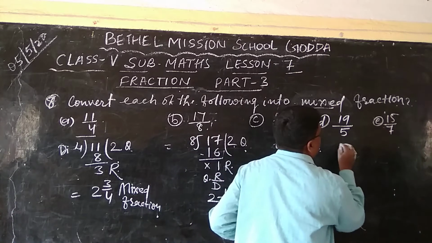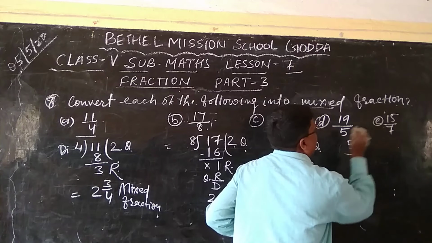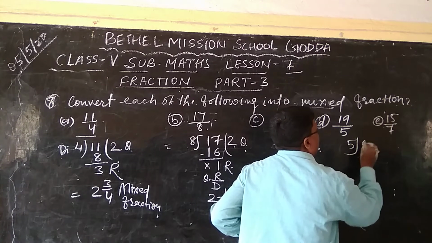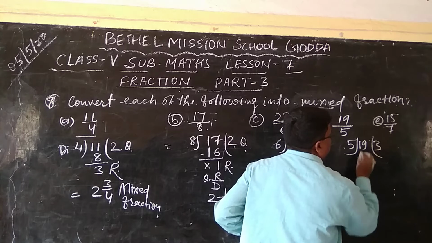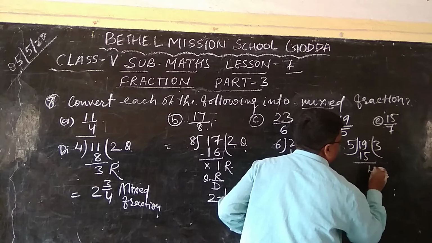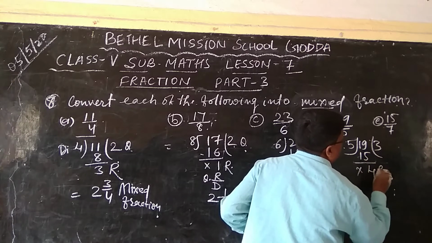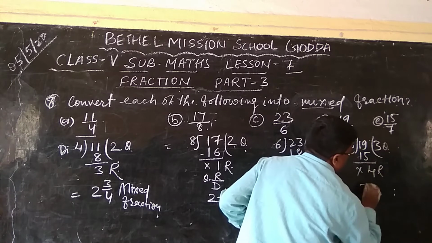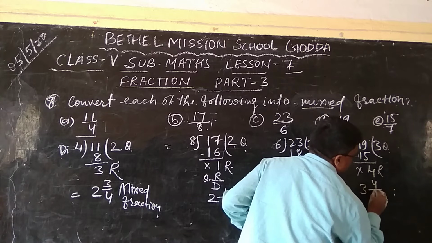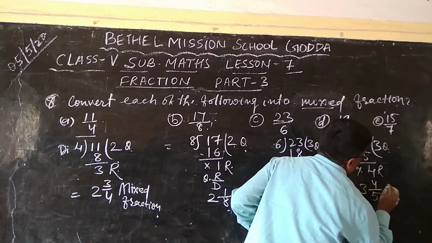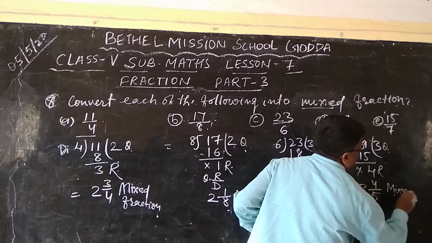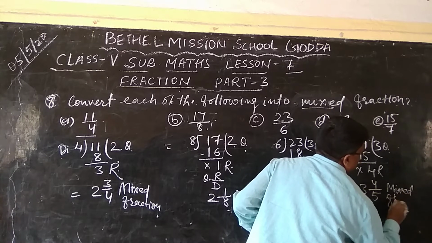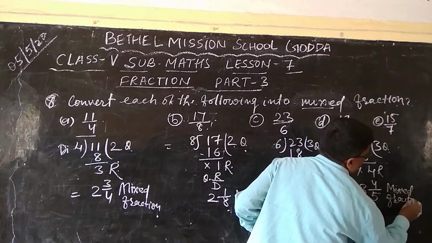And D, number 5, 19 divided by 5. 5 3s are 15. 4 remainder. Q 3 whole 4 by 5. What is it? Mixed fraction.